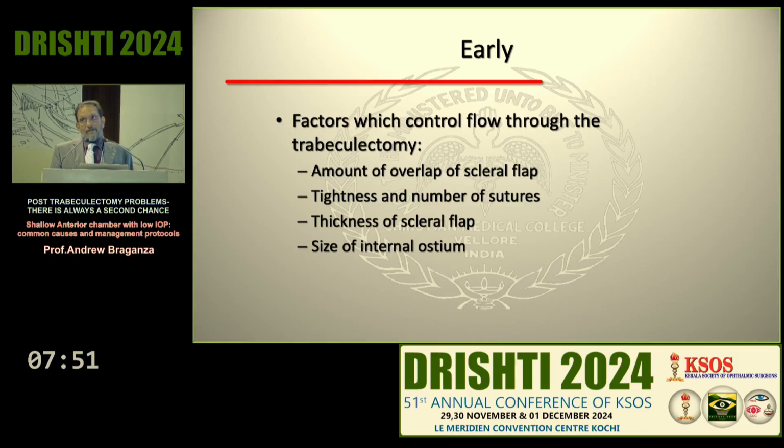And then the thickness of the flap, again that affects the resistance. The actual size of the internal ostium, apart from creating more than the little minimum that you need, doesn't really matter very much. We all excise more than an adequate ostium.